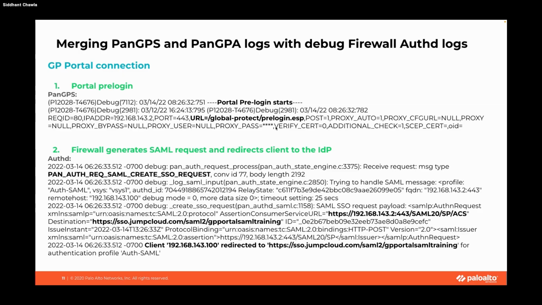This means the firewall is creating an SSO request, and then below you will see the SAML ACS URL and the IDP URL where the client will be redirected. If you see here, this is the ACS consumer service URL, and this is the destination, that's the IDP URL.